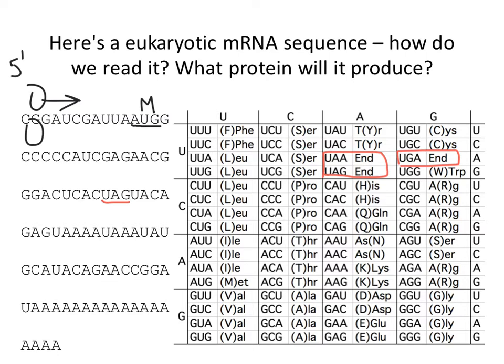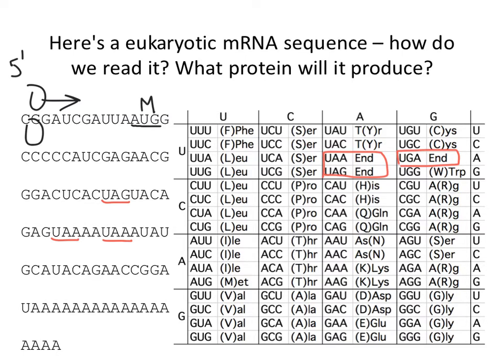Anybody find another one? Where are other stop codons in this sequence? Right below it, there's a UAA. So right below that one, there's a UAA there. No, it's the first UAA. Oh, sorry, that one.